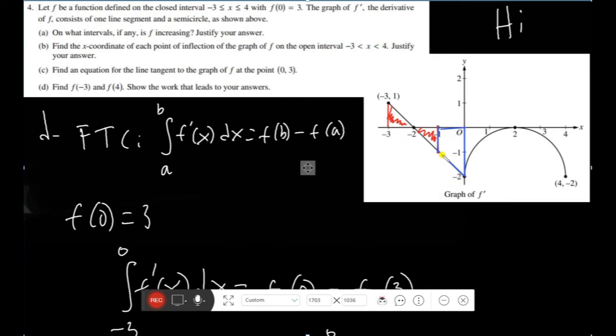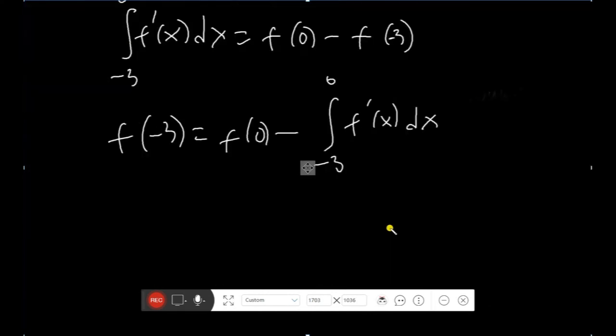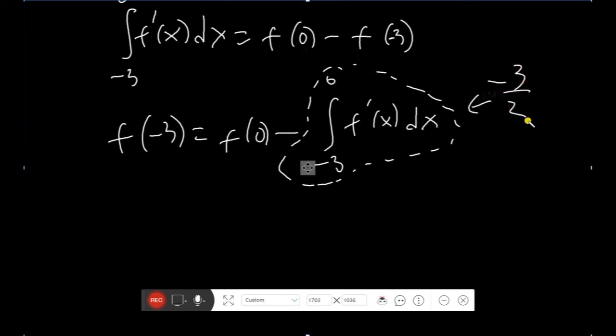Since each square is 1, this square is 1, this square is 1/2, and since we're negative, the total is going to be -3/2, right? So this integral is -3/2.